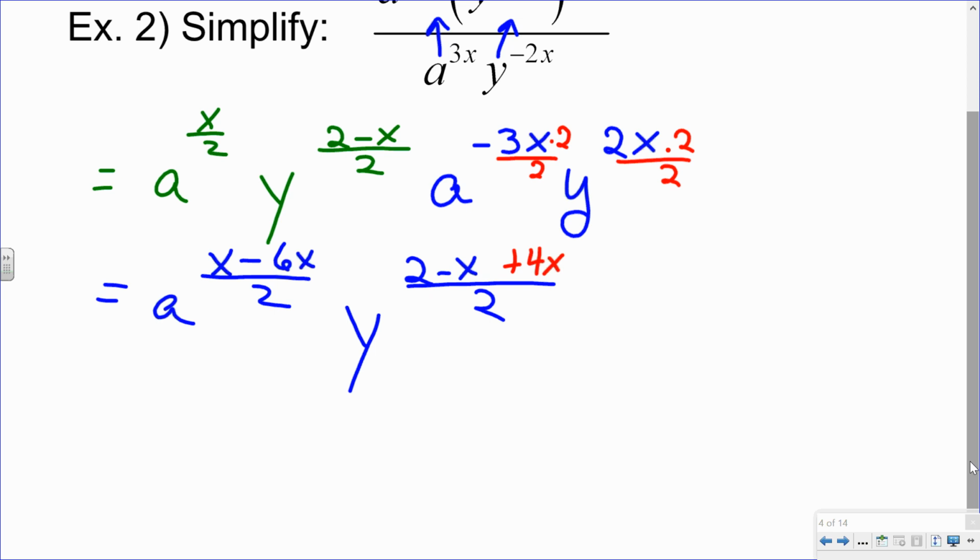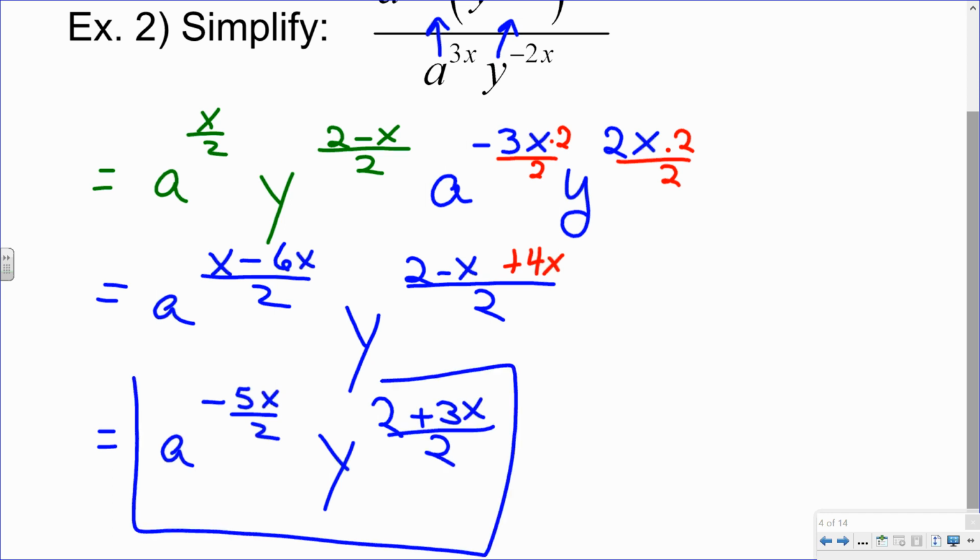Everybody, what is x minus 6x? Negative 5x over 2. And y to the 2 minus x plus 4x is plus 3x over 2.